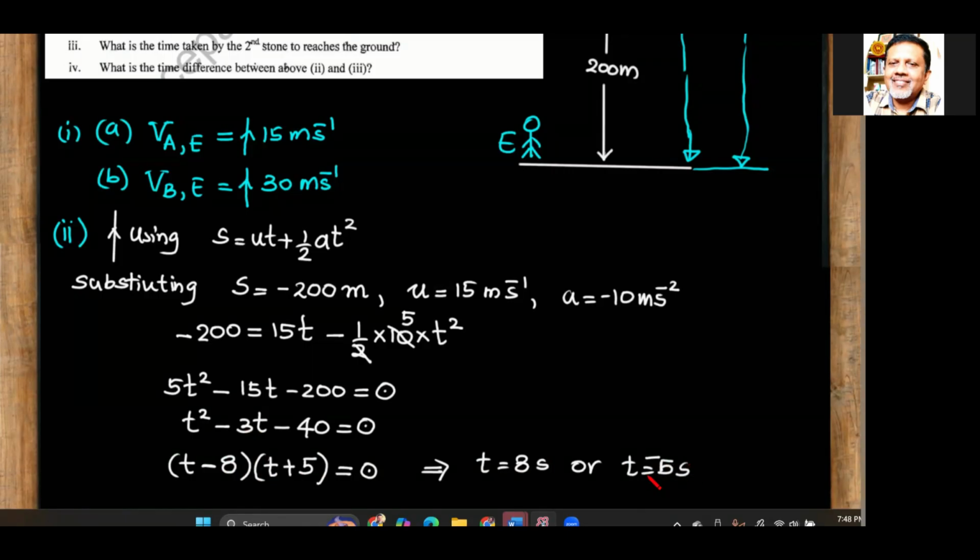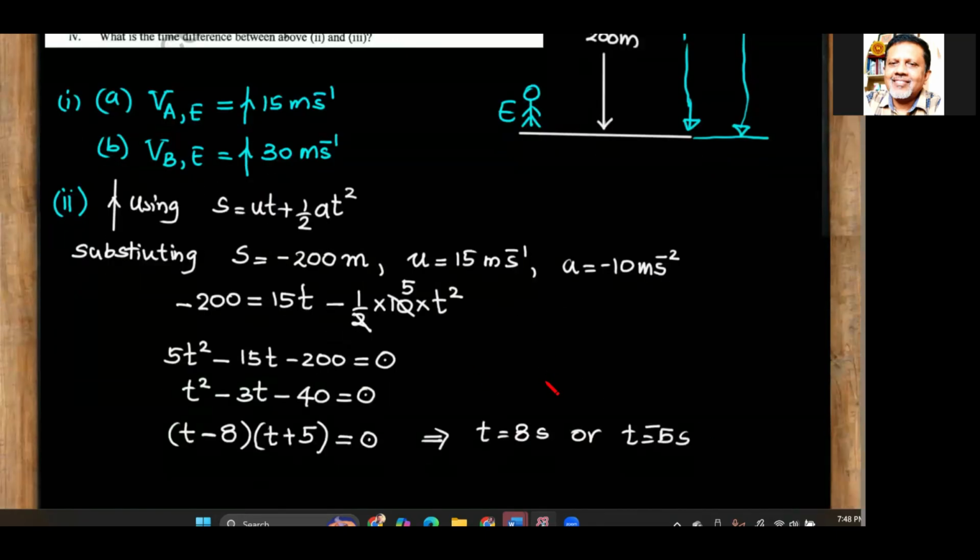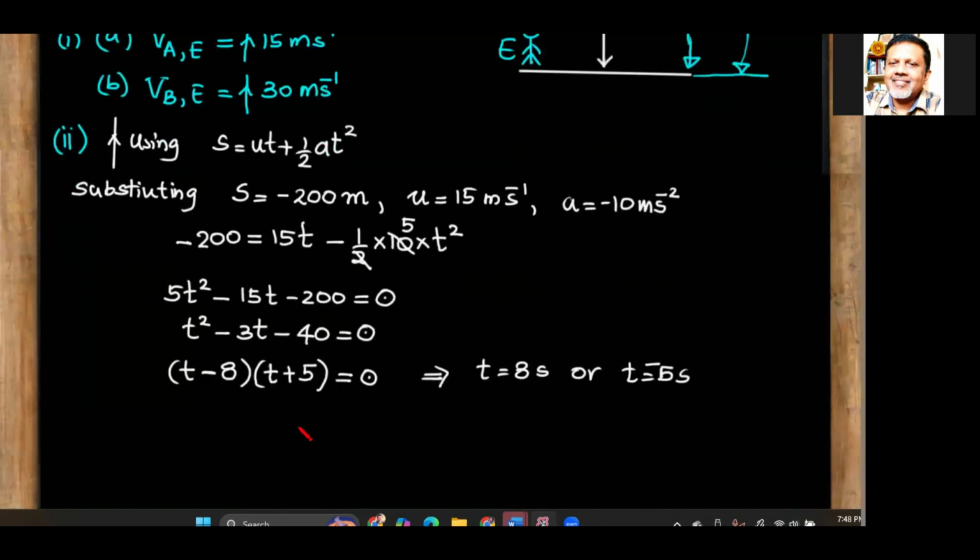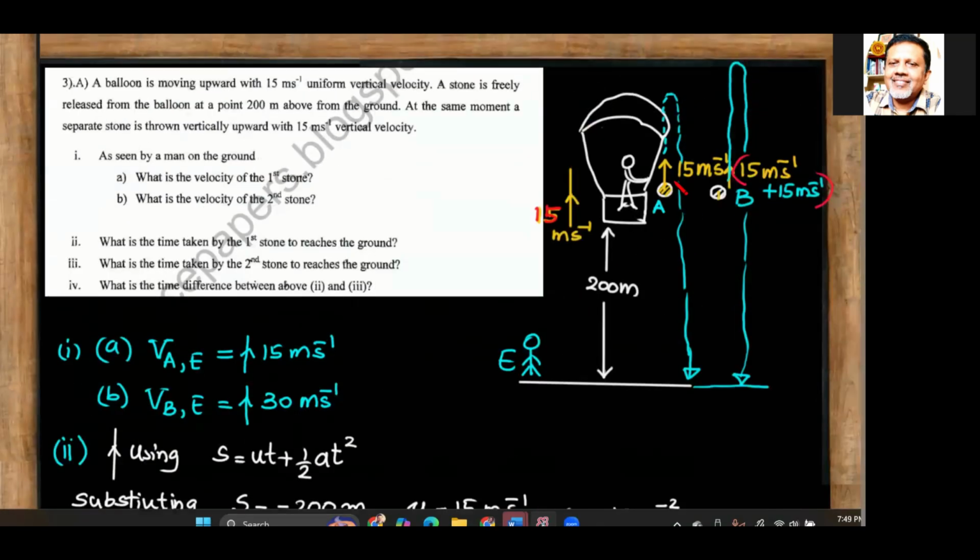So this is not acceptable, right? Therefore, the correct time taken, t, should be 8 seconds. So we neglect the second answer because it is negative, because we are calculating a time. So after 8 seconds, stone A will reach the ground.